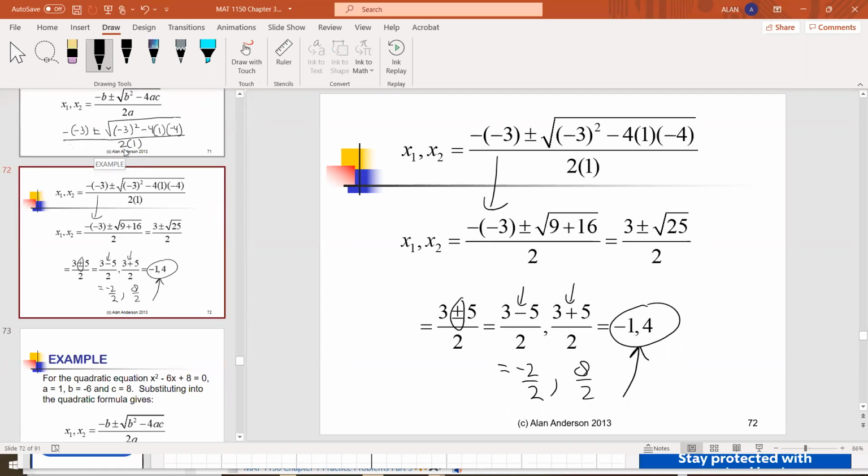And of course, what that means is that it crosses the axes, the horizontal axis, I should say, as we saw with Symbolab, at these 2 points. And those are the solutions.